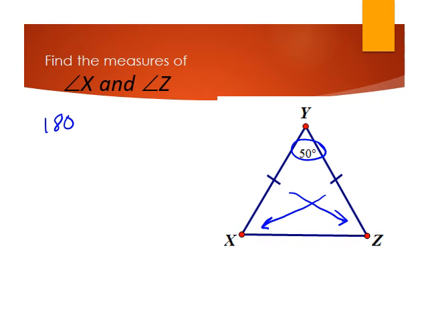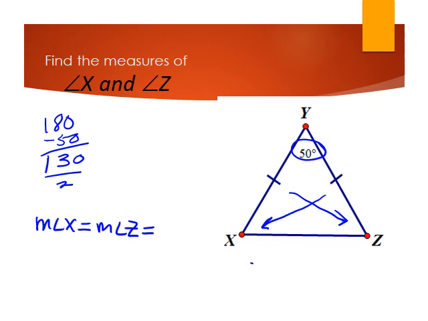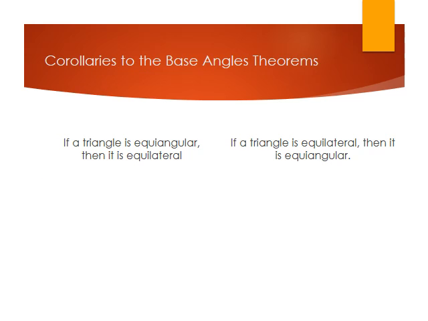So I know that there are 130 degrees left. But I've got these two angles, so the measure of angle X plus the measure of angle Z equals 130, and they're the same. So I'm just going to divide by 2 now, so that the measure of angle X, which is equal to the measure of angle Z, equals half of 130, which is 65. Okay.